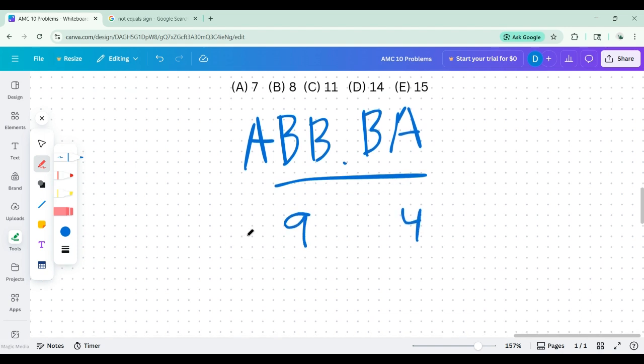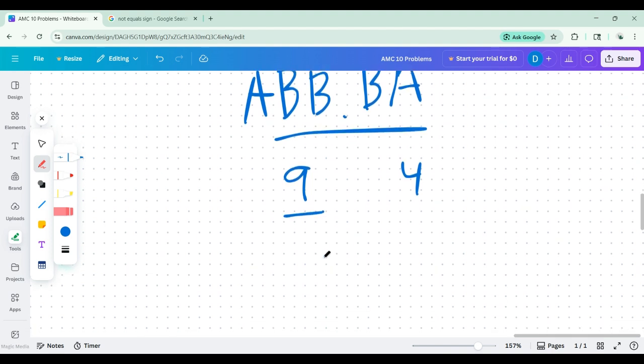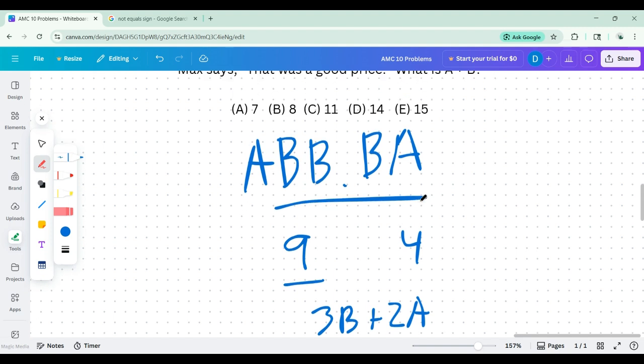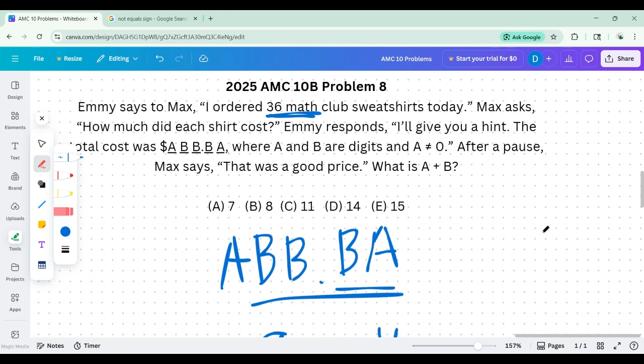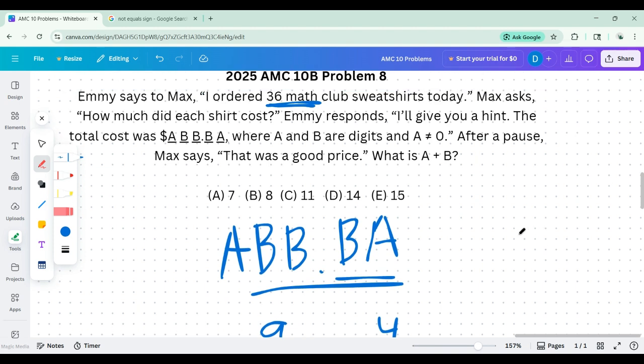In order for this number to be divisible by 9, the sum of the digits has to be divisible by 9. So 3b plus 2a has to be divisible by 9. Now, in order for this number to be divisible by 4, the last two digits have to be divisible by 4.